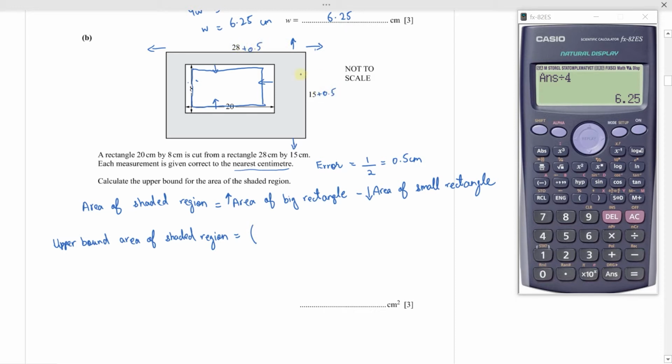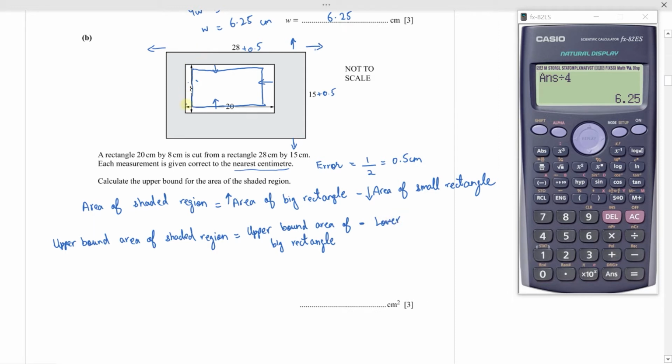I will add the error values here to take the upper bound of both the length and the width. So the area of the big rectangle, or the upper bound area of the big rectangle. So let me first write down. The upper bound for the area of the shaded region will be the upper bound area of the big rectangle, so the maximum possible area of the outer bigger rectangle, minus the lower bound.